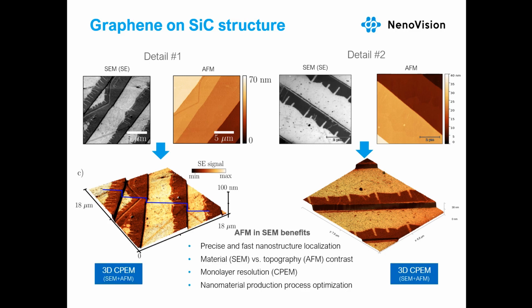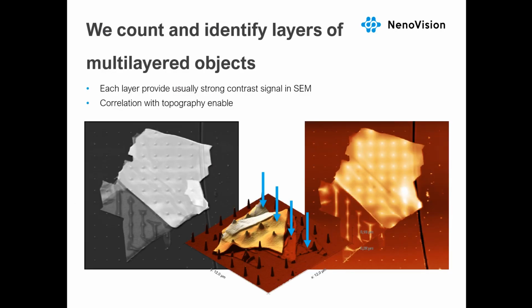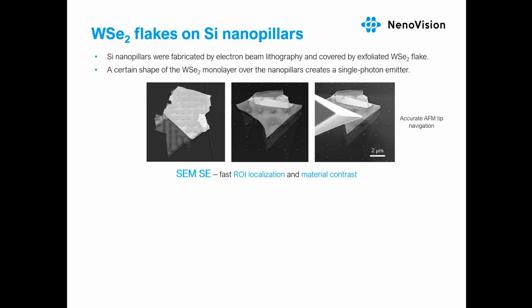The field of two-dimensional materials has expanded to multi-layered systems in which electronic, optical, and mechanical properties change, often dramatically, with stacking order, thickness, twist, and interlayer spacing. The AFM and SEM approach provides a perfect tool for analysis of multi-layered materials. For this purpose, I'm going to use an application where we studied multi-layered tungsten diselenide flakes laid over silicon nanopillars.